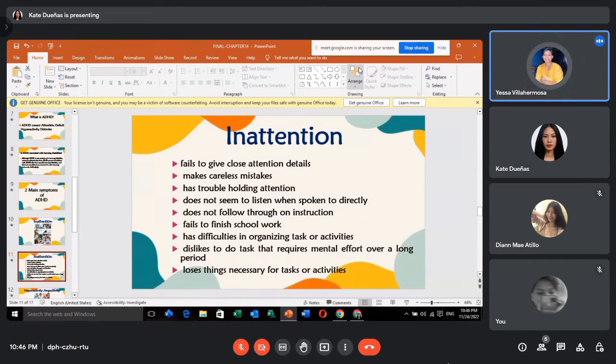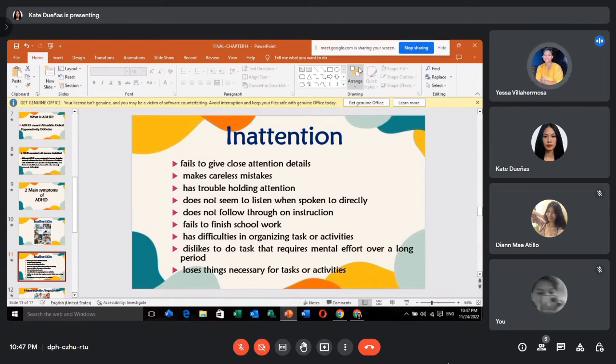Students with concentration difficulty or inattention at school fail to give close attention to details, make careless mistakes, have trouble holding attention, do not seem to listen when spoken to directly, do not follow through on instructions, fail to finish schoolwork, have difficulties in organizing tasks or activities, dislike tasks that require mental effort over a long period, and lose things necessary for a task or activity.